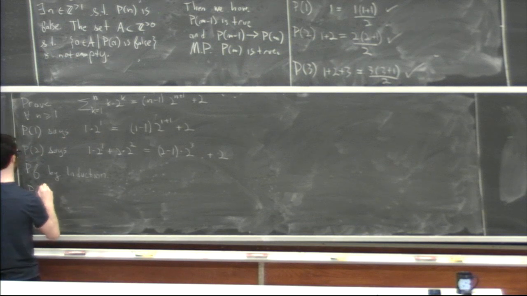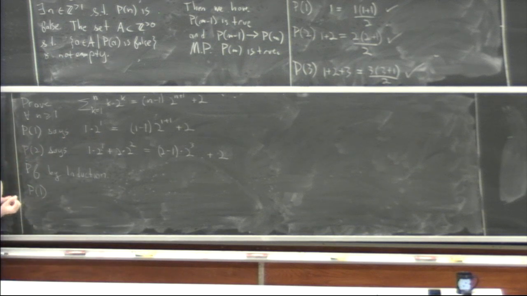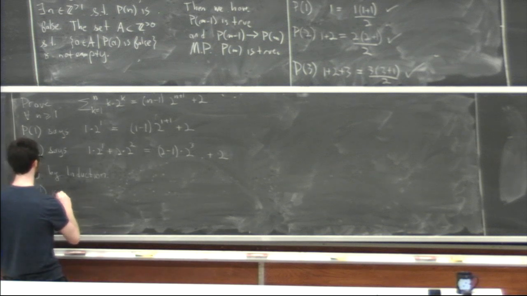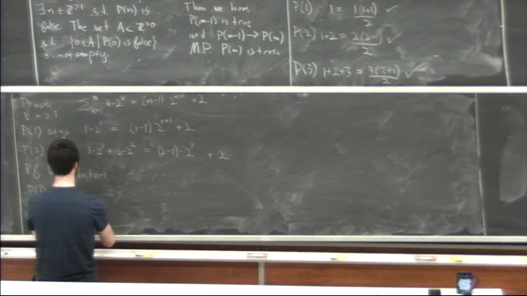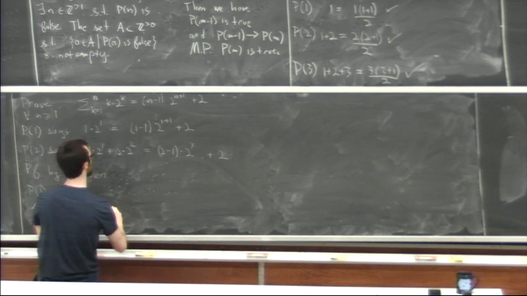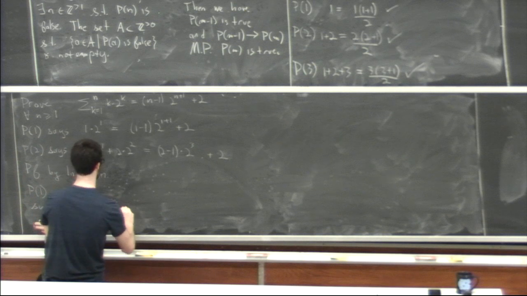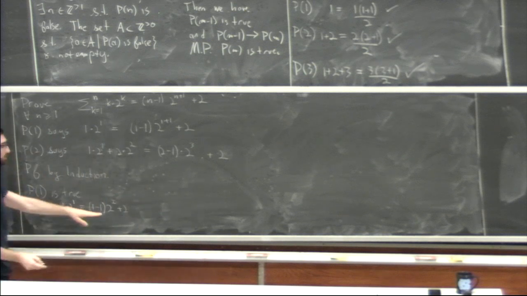I need to verify that P of 1 is true. So P of 1 is true since 1 times 2 to the 1 is indeed equal to (1 minus 1) times 2 to the 2, plus 2. So P of 1 is true.